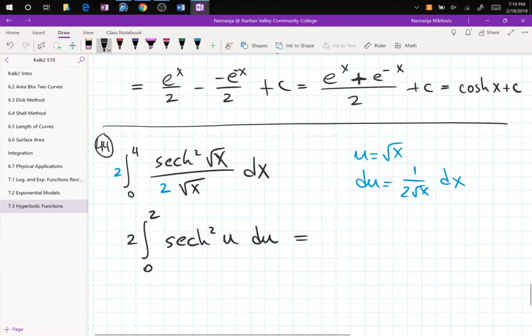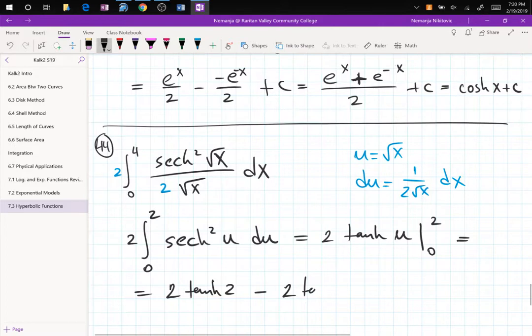What's the integral of secant square? Tangent hyperbolic u from 0 to 2. So this is 2 tangent hyperbolic 2 minus 2 tangent hyperbolic of 0.